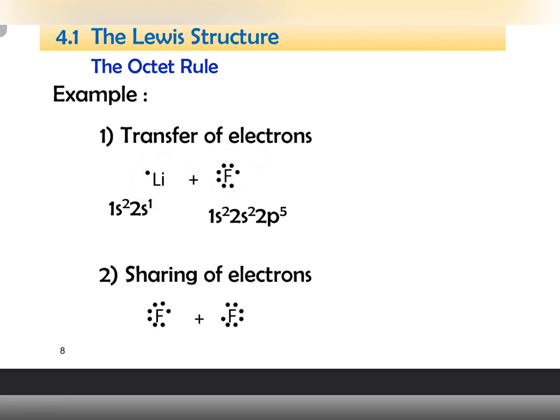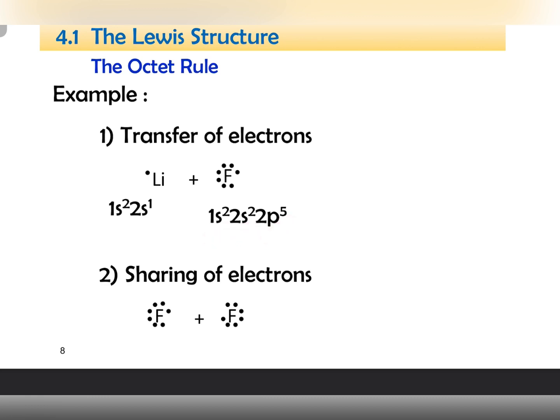So lithium, you have 3 electron, so the electronic configuration will be 1s2 2s1. Next fluorine pula, dia adalah group 17. The electron here adalah 9 electron. So the electronic configuration will be 1s2 2s2 2p5.